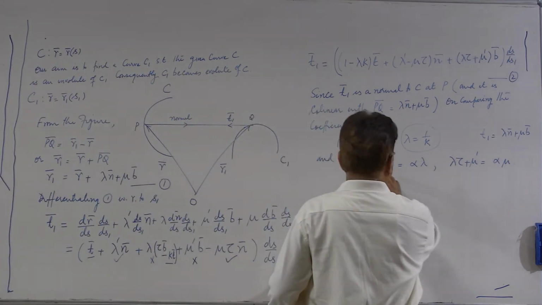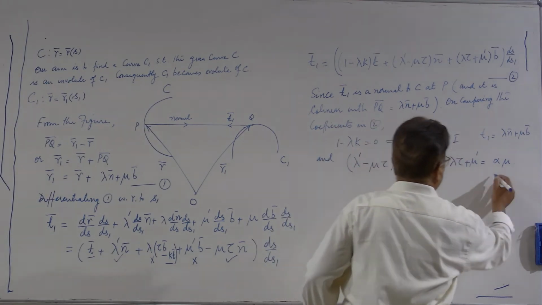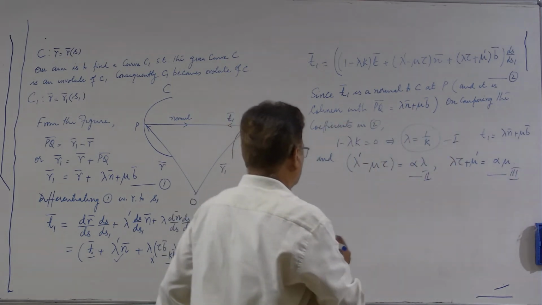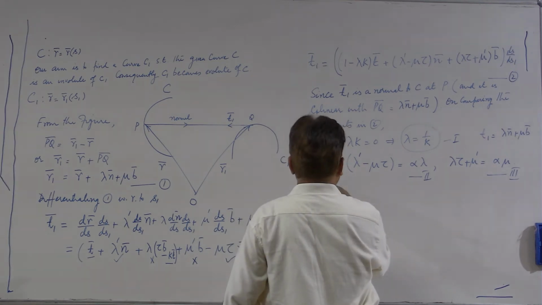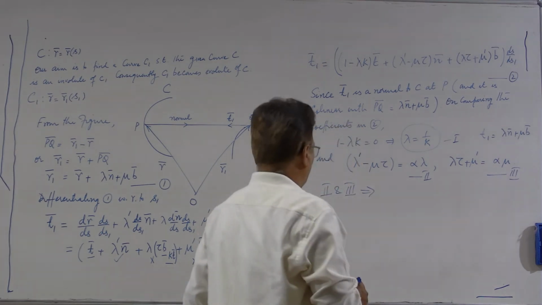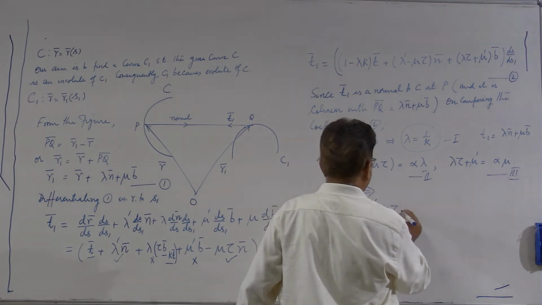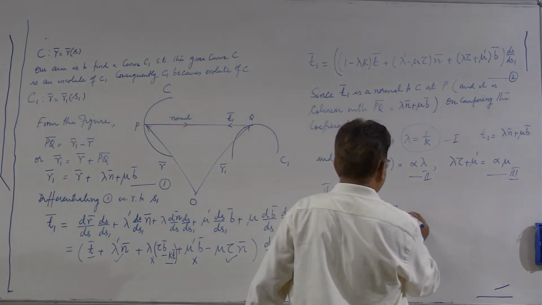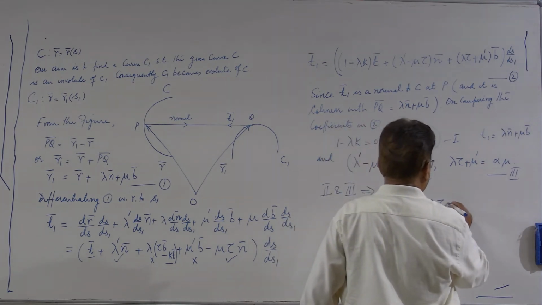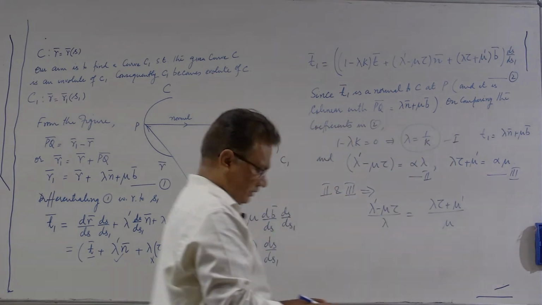So, this is first, this is second, and this is the third one. So, second and third I will look for. So, second and third imply that lambda dash minus mu tau upon lambda is equal to lambda tau plus mu dash upon mu, and both of them are equal to alpha.